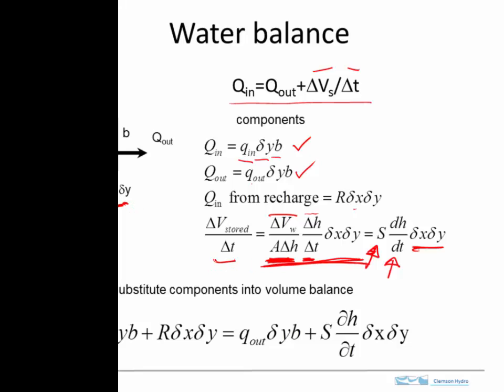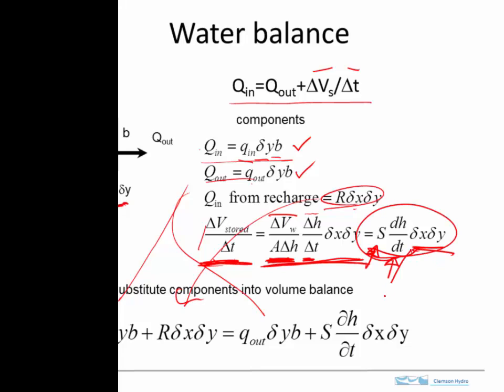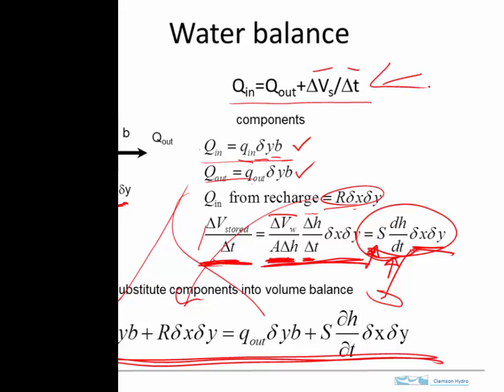Okay, so the rate of change of volume stored becomes this, and we substitute: this one goes here, this one goes here, this one goes here, and this stuff goes there. So this is an expanded version of the volume balance.